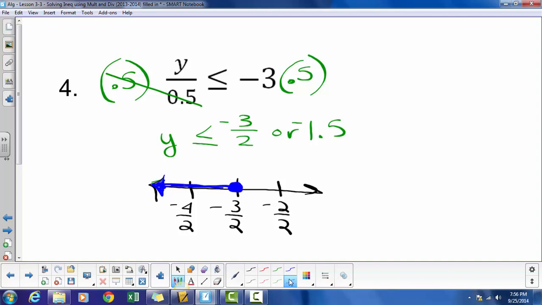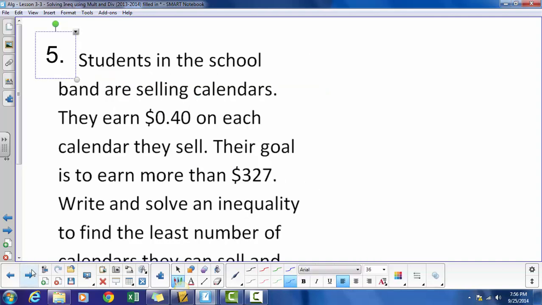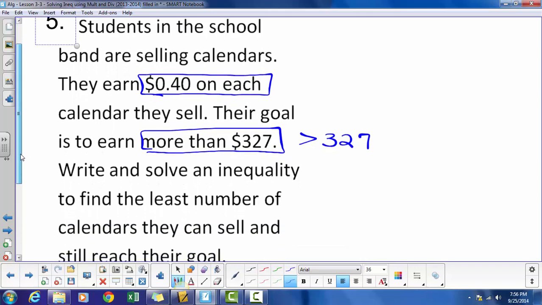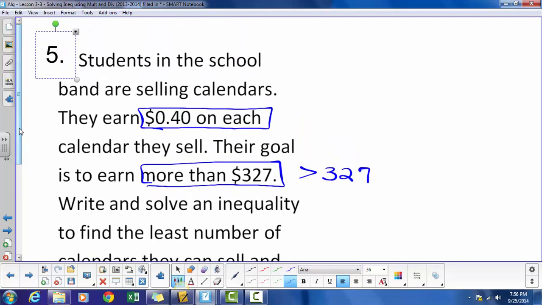Okay? Our last example is a word problem. Students in the school band are selling calendars. They earn 40 cents on each calendar they sell. Their goal is to earn more than $327. So whatever I do has to be more than $327. Write and solve an inequality to find the least number of calendars they can sell to reach their goal.